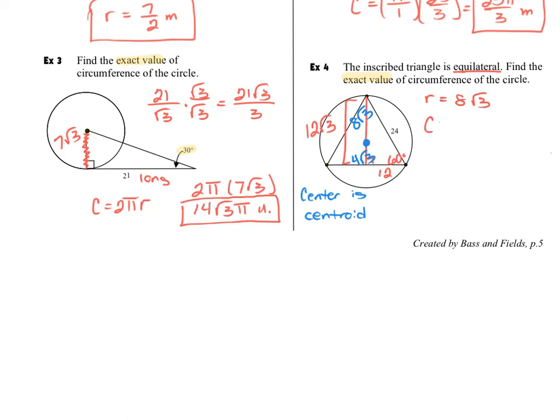So the circumference is 2 pi r, and that means that we're going to have our 2 and our pi and our radius of 8 radical 3. So we can write our final answer for our circumference as 16 radical 3 times pi, or remember, you could reverse those, put a little u on there for units.